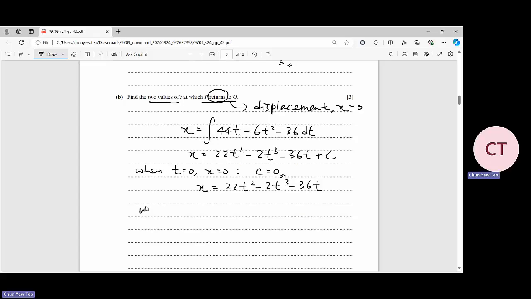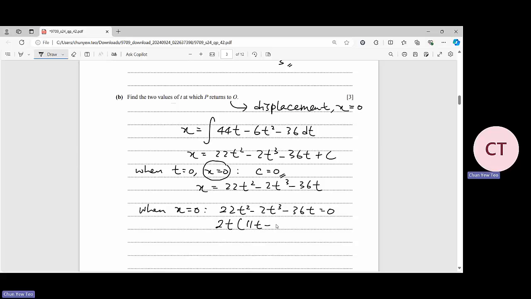So when x equals 0, you have 22t squared minus 2t cubed minus 36t equal to 0. We want it to be returning, which means that at the very beginning we do not want it. We can actually factorize it out. I think factorizing it out will be better.